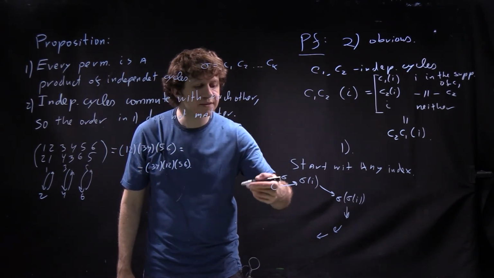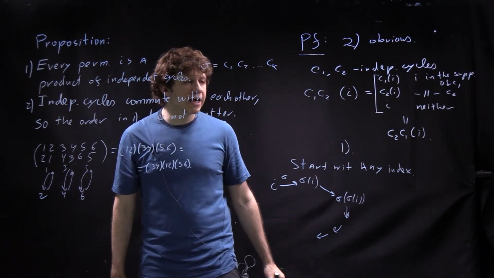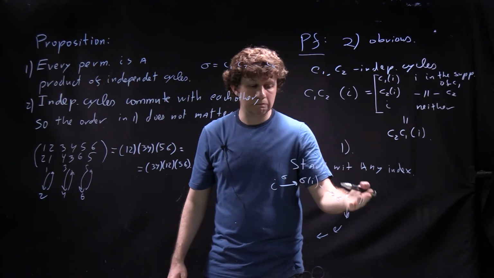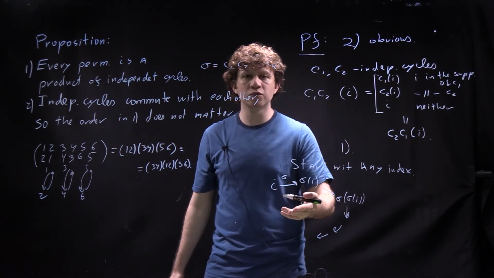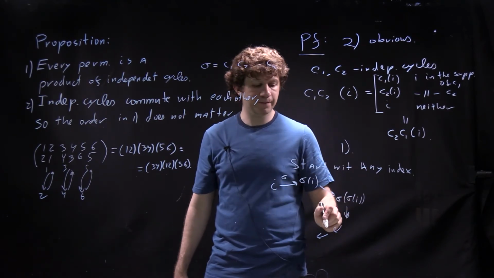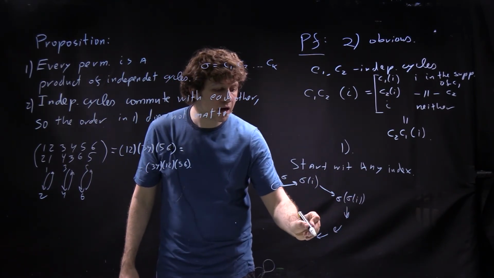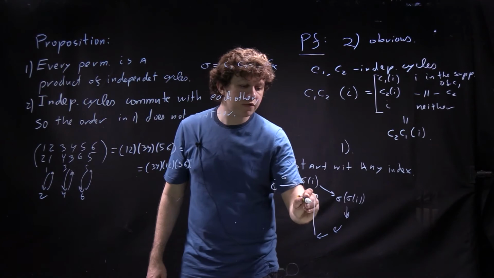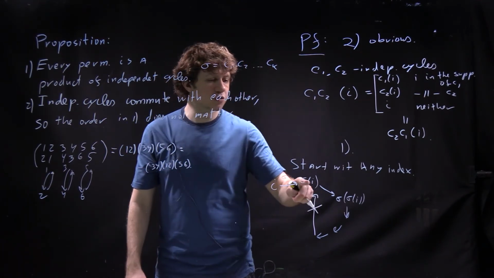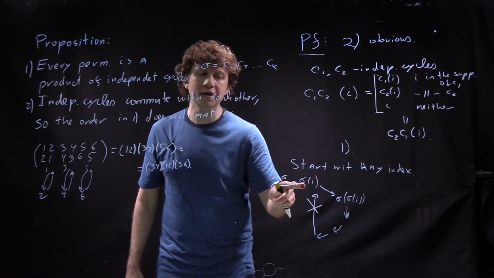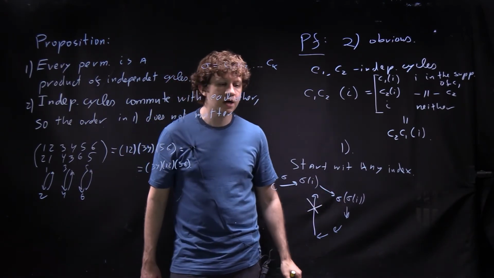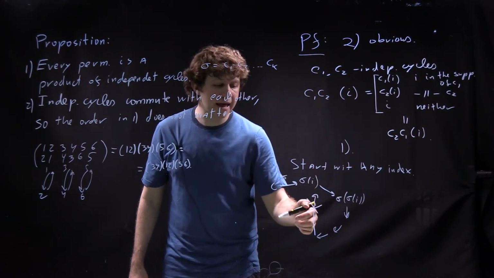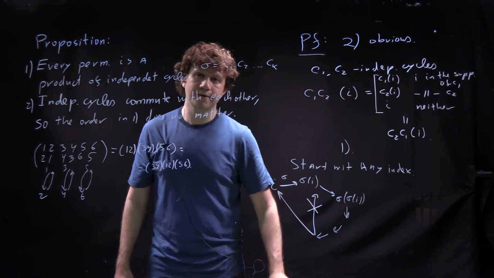Firstly, this path can go forever. But that's not the case because the number of indices is finite, so after n moves you have to come back. Another option is that after a while you get back to one of the points in the middle. That's not possible for the simple reason that sigma is a bijection. For each vertex there exists exactly one incoming edge and exactly one outgoing edge. So this scenario is not possible, and the only way this path will end is when you come back to i.